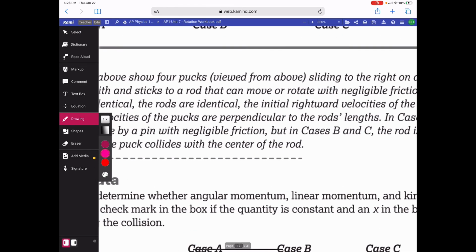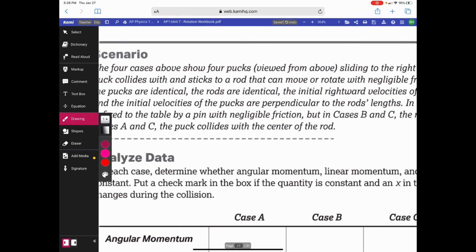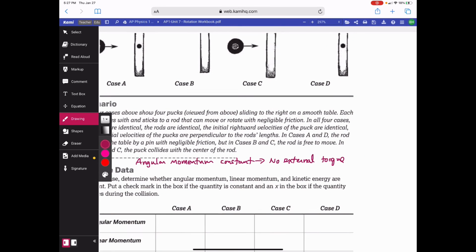In order for angular momentum to be constant, no external or net torque can be acting on the system.